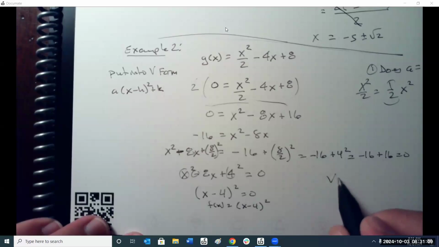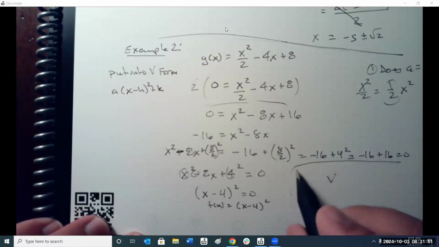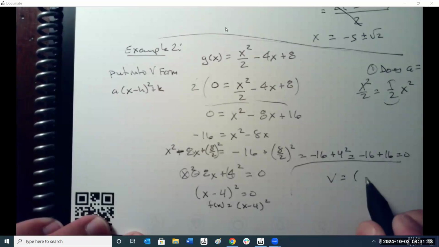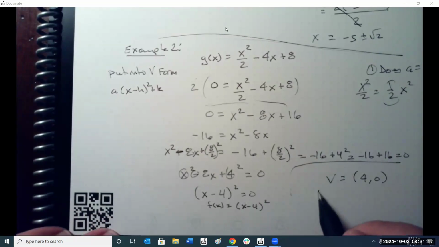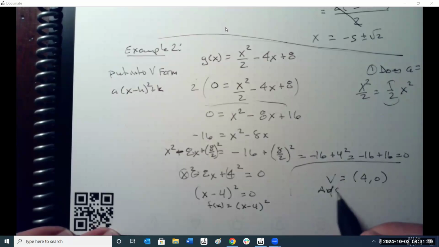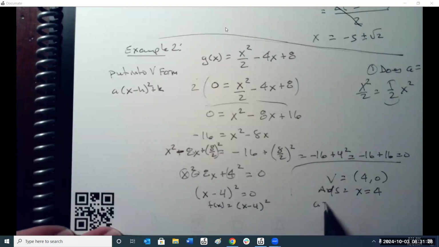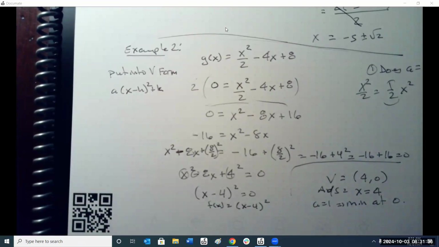So our vertex is at (4, 0). The axis of symmetry is x equals 4. And since a equals 1, we have a min at 0, the y value.